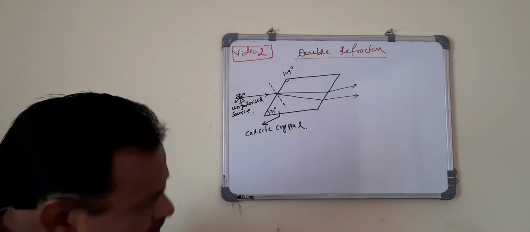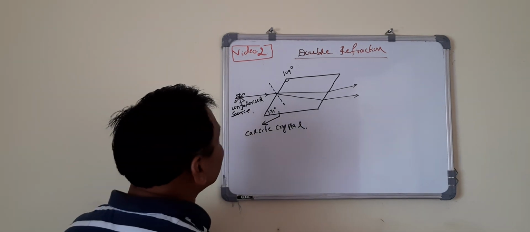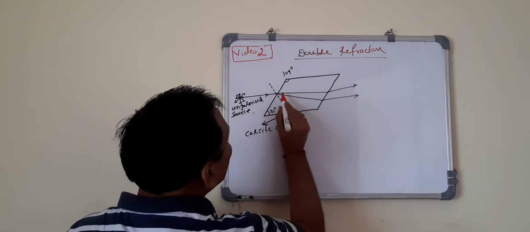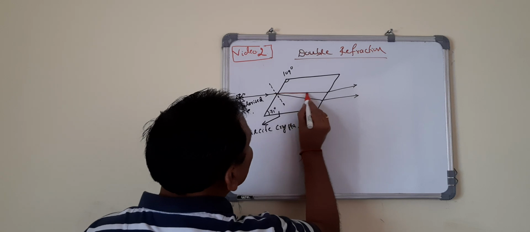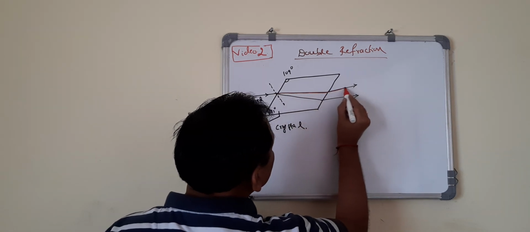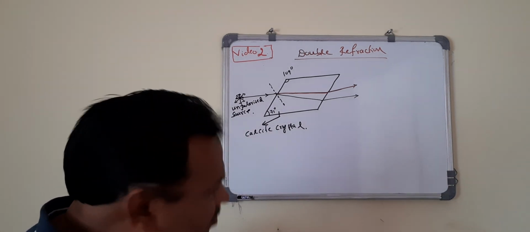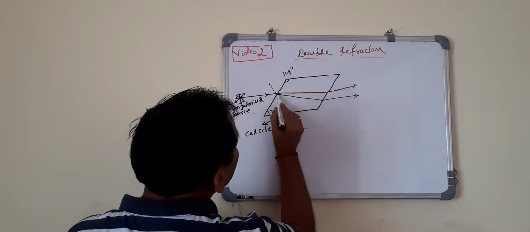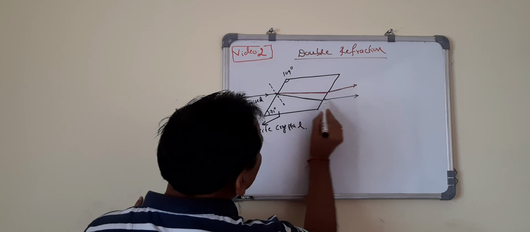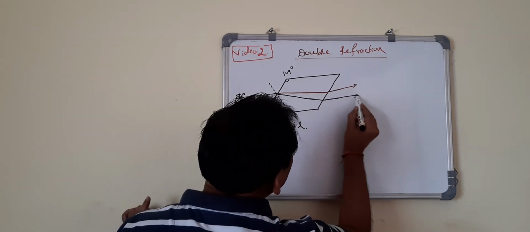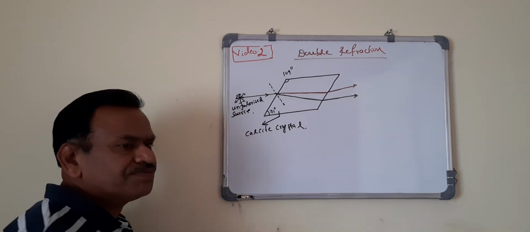Here you are obtaining two rays. This is one ray, and this is another ray. Two refracted rays are obtained, and hence two images are observed.